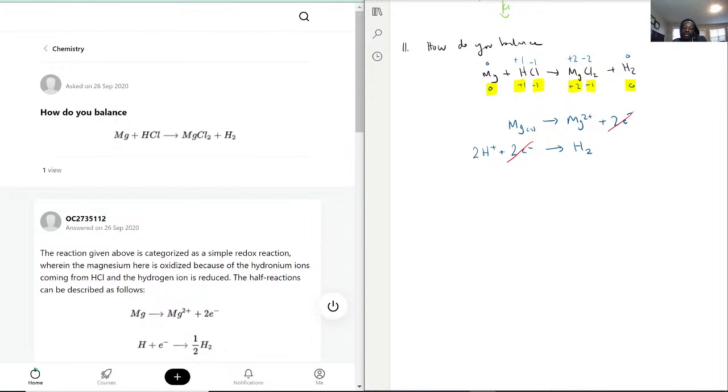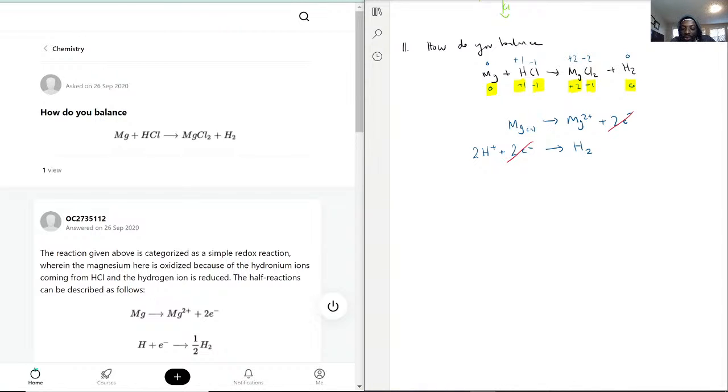So now we have our balanced redox half reactions. What you've been able to do here is make sure that the amount of electrons going in are the same as the amount going out, hence there's not really an electron change. So now what we have is 2H+ plus Mg turns into Mg2+ plus H2.